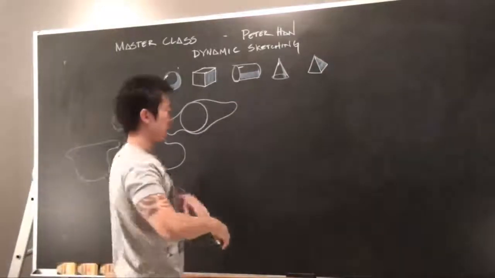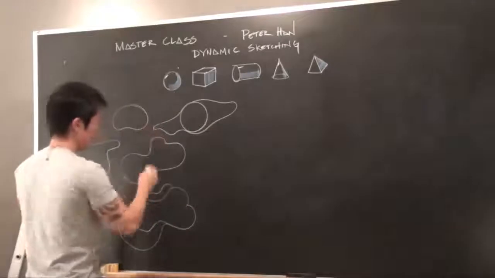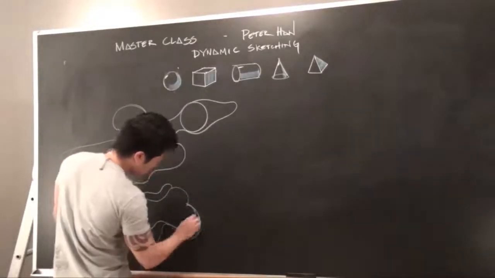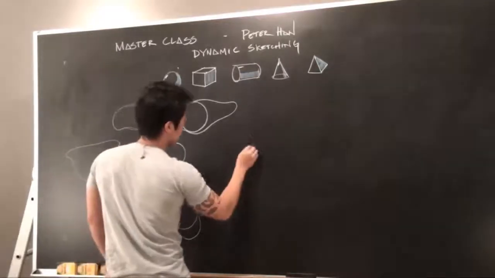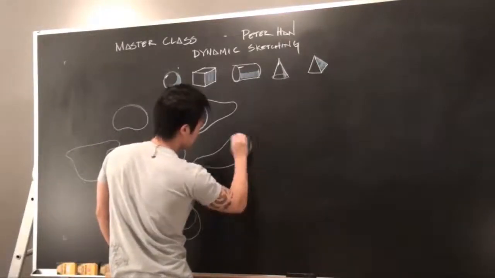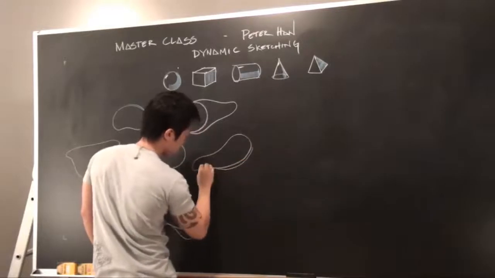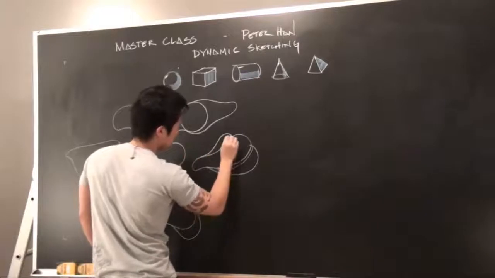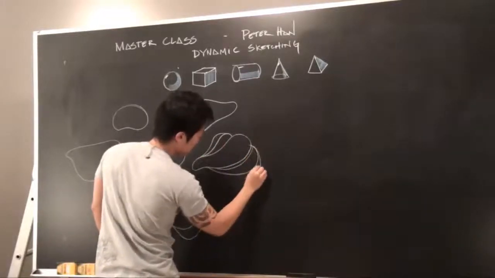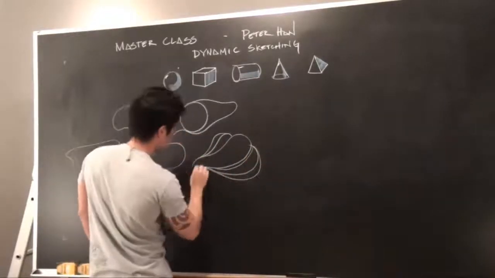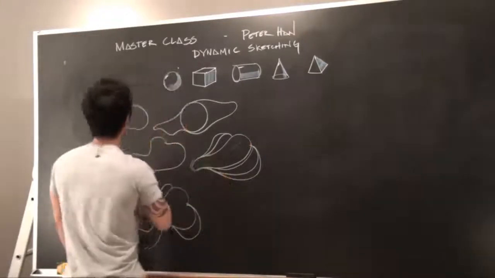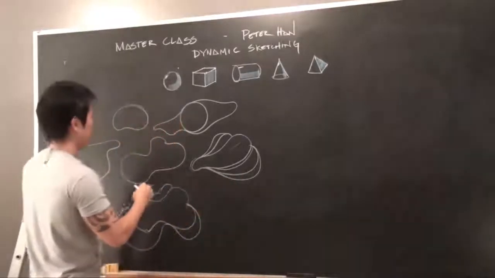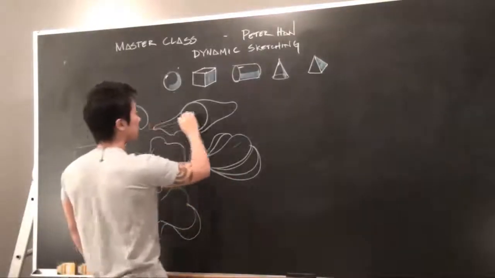Create your own, a series. I want you guys to fill up a page of just organic shapes. Now you're going to find with any of these kind of organic shapes, there's a center line to them.